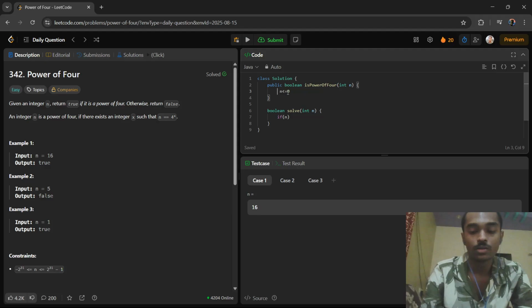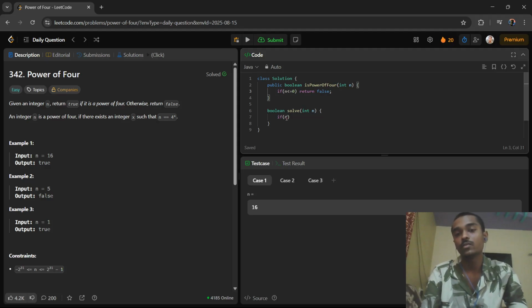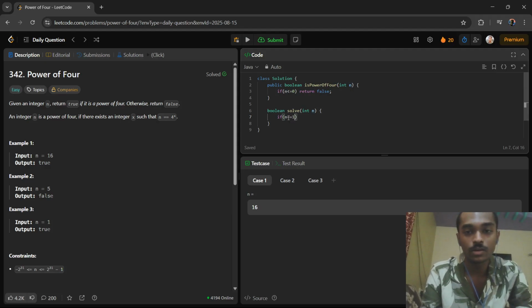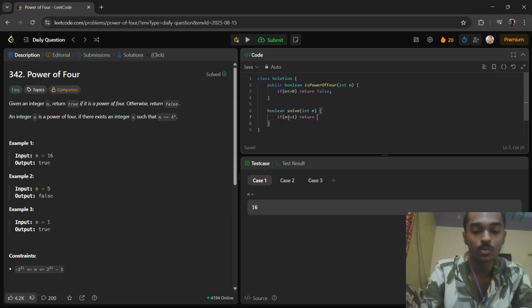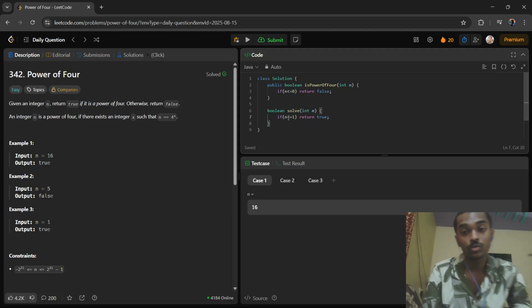Oh, sorry, if the number is less than or equal to 0, we can directly return false, right? Now in the solve portion, if the number is equal to 1, then we have to return true, because 4 to the power of 0 is 1.